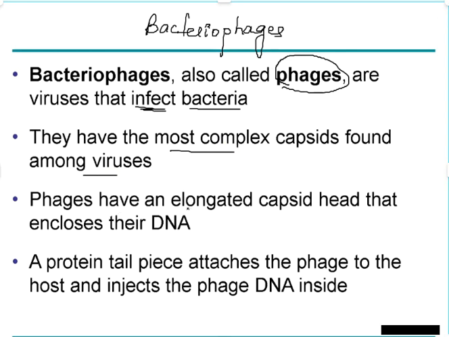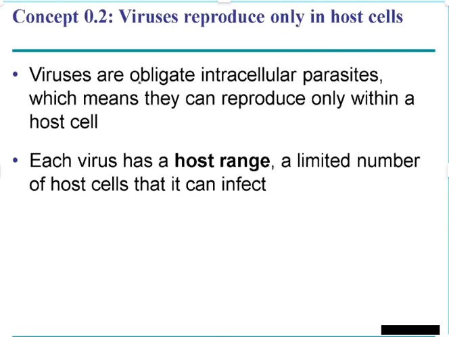They have an elongated capsid head, the hexagonal head as I said, inside which the DNA is present, and a protein tail piece. As I showed, the tail sheath and tail fiber attach first to the host. Which is the host here? The host is bacteria, and the phage injects its DNA inside. This helps the phage to inject its DNA inside the host.